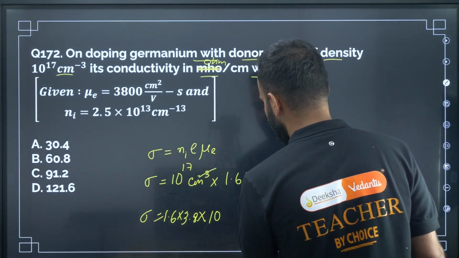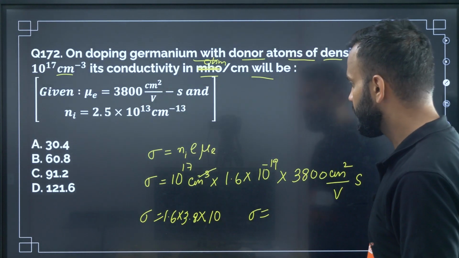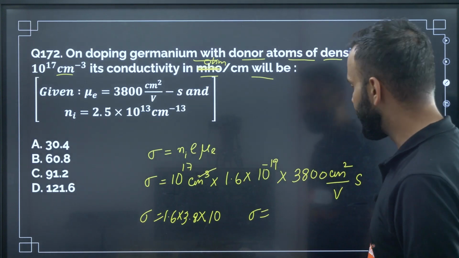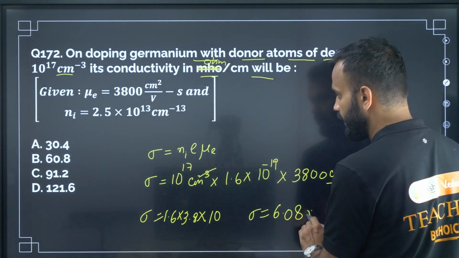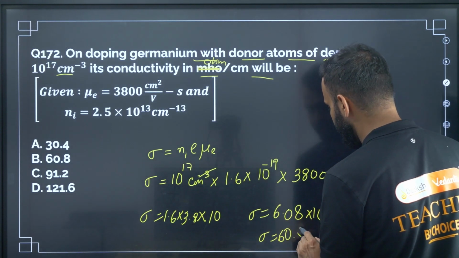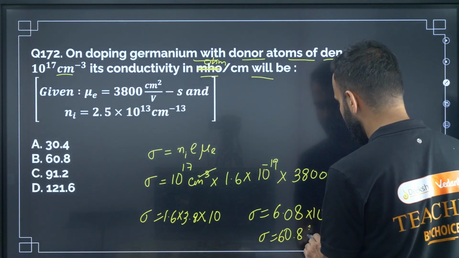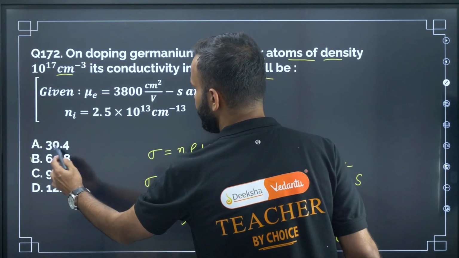What is the value of 1.6 into 3.8? It is 6.08. So 6.08 into 10, the value of sigma equals 60.8. What is the SI unit? The SI unit is ohm per centimeter. So the correct option is B.